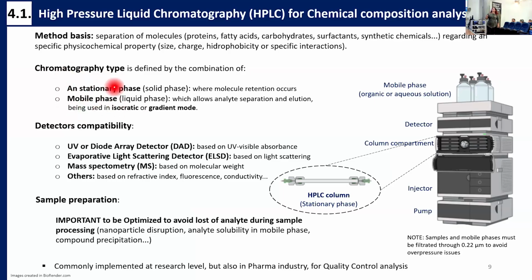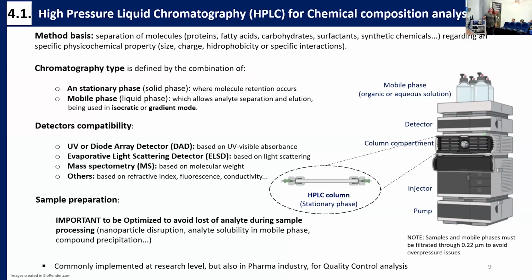The stationary phase is the solid phase where our molecule will be retained. This one is found in the resin of the HPLC columns, and depending on its nature, the interaction will depend on the different physicochemical properties of our molecule.